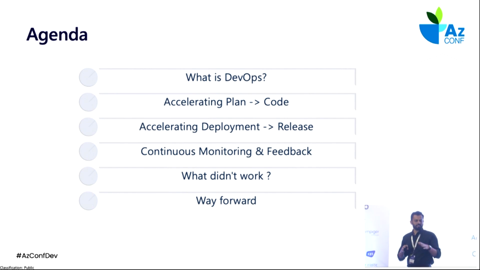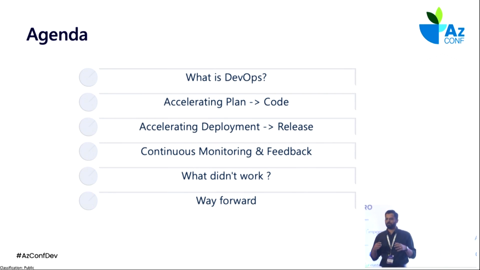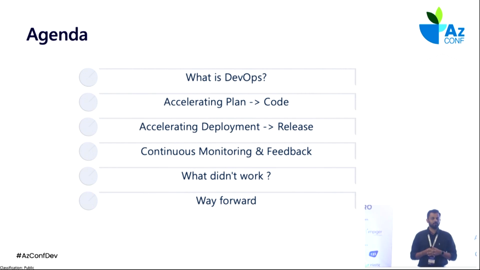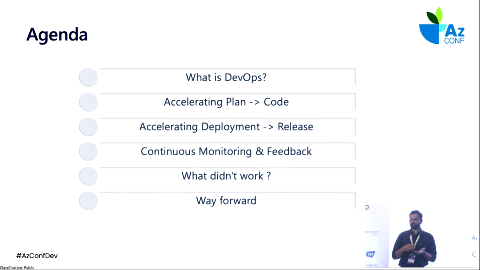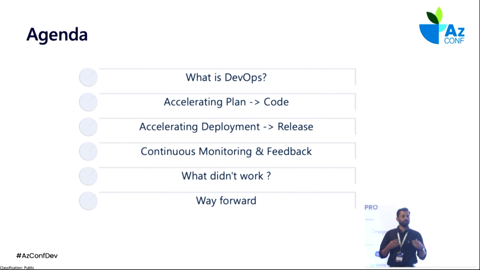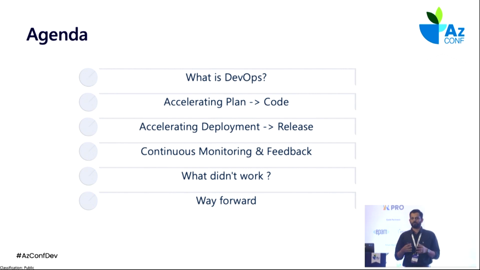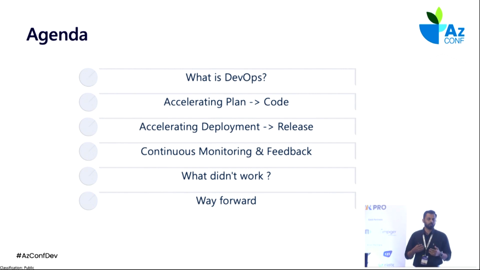Okay, sure. So for the initial few minutes we'll spend time to level set everyone on what DevOps is. Then we'll look at how we try to accelerate our journey from planning to coding. Then we'll look at how we did deployment, releases, and continuous monitoring and feedback. Finally, I'll also share some of the things that didn't really work for us, because that's more important, right? And then we'll see how we are planning to move ahead from here.